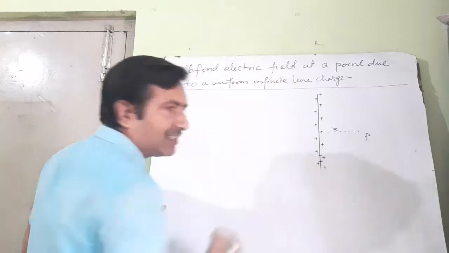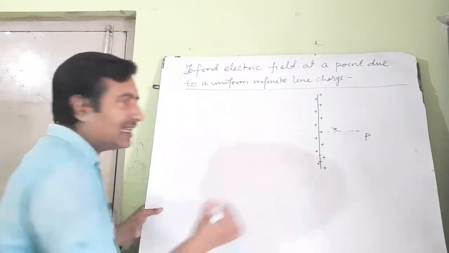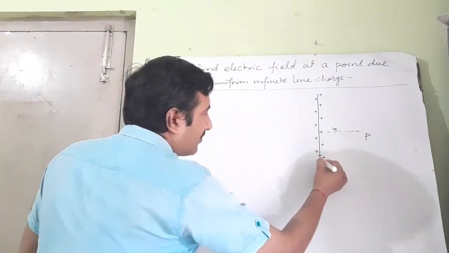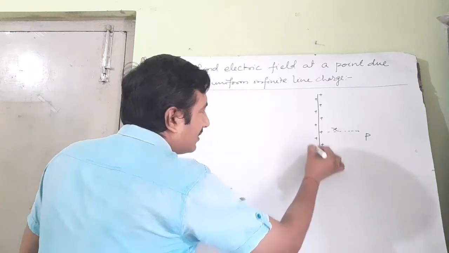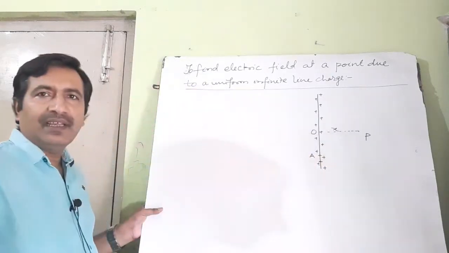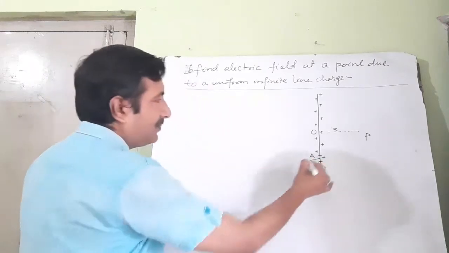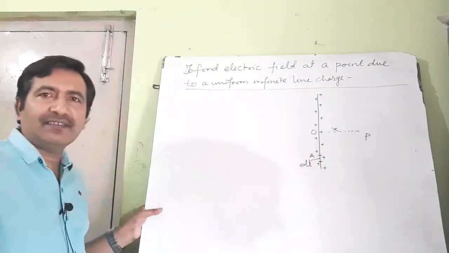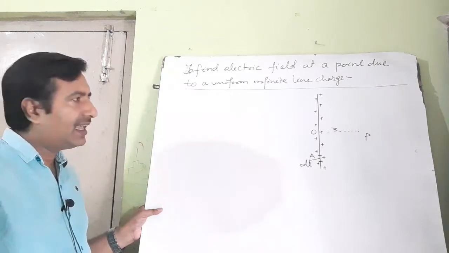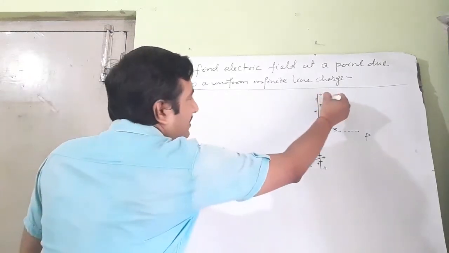Suppose this is the element. This element is here at A. This point is O. The length of this element is, suppose, dl. And the linear charge density is lambda.